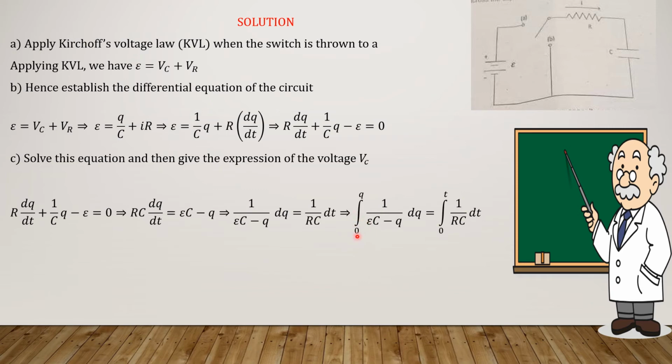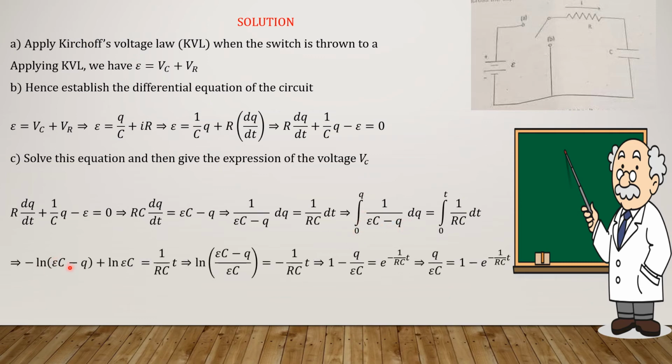So we have 0 at time 0 and at time t we have charge Q. Whenever I integrate this, we're going to get negative ln(EC minus Q), and substituting our values we now get this. So we have negative ln(EC minus Q) plus ln(EC). When you substitute 0 you have EC, and when you substitute Q, you have this thing here.